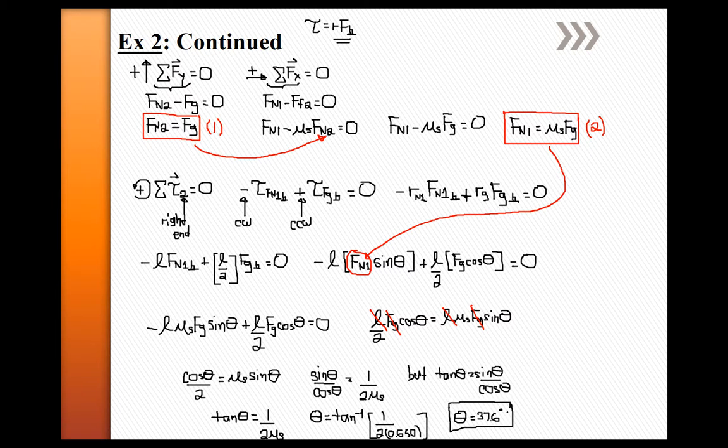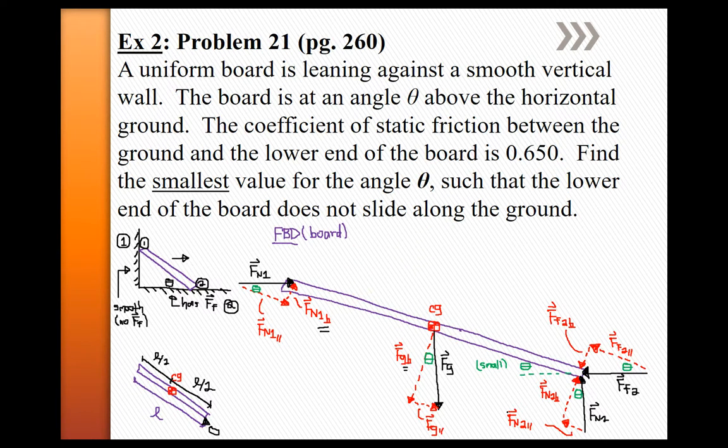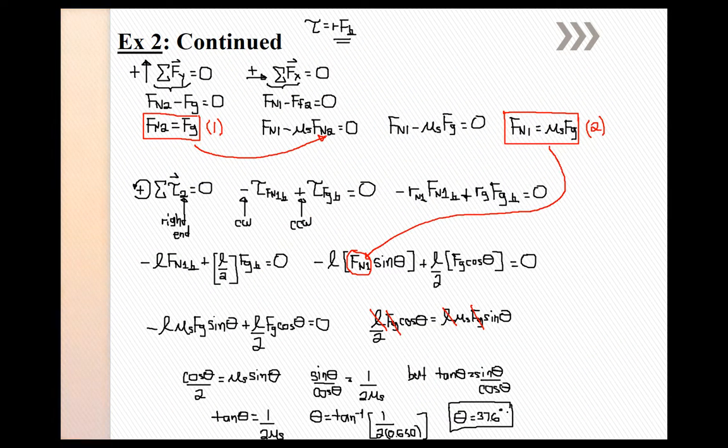There are so many things I love about this problem. Like I love that we need to make use of drawing a free body diagram. We need to make use of our understanding of vector components. We need to make use of our understanding of friction. We need to make use of our equations of motion, sigma Fy equals 0, sigma Fx equals 0.